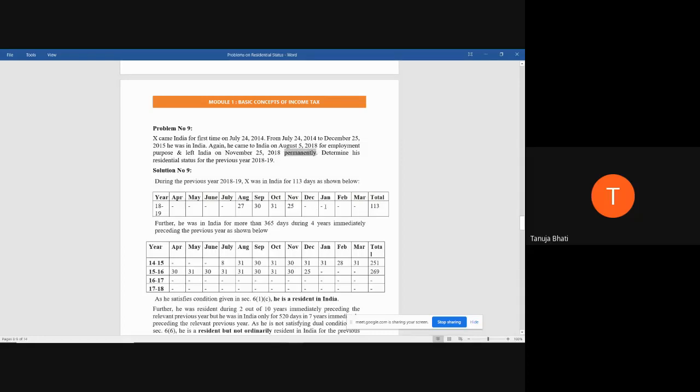Therefore, December he was not in India, January he was not, February he was not, March he was not in India. Remember students, the previous year, the financial year, starts from April 2018 and ends in March 2019. So when you add up 27 plus 30 plus 31 plus 25, you get 113 days.